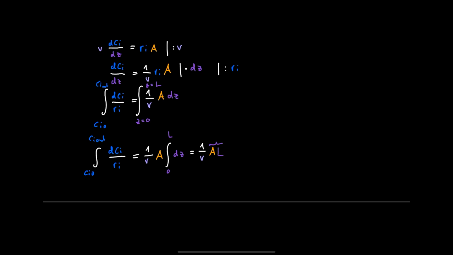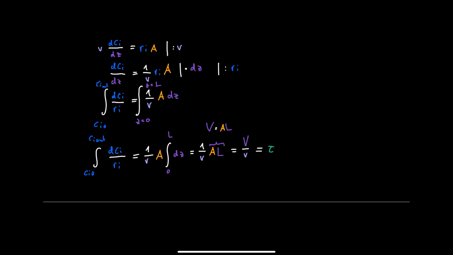And the cross-section times the length of the plug flow reactor is actually the volume, as it's defined as, well, the cross-section of the reactor times the length. So this will result in the volume of the plug flow reactor divided by the volumetric flow rate. And this is equal to the mean residence time tau.